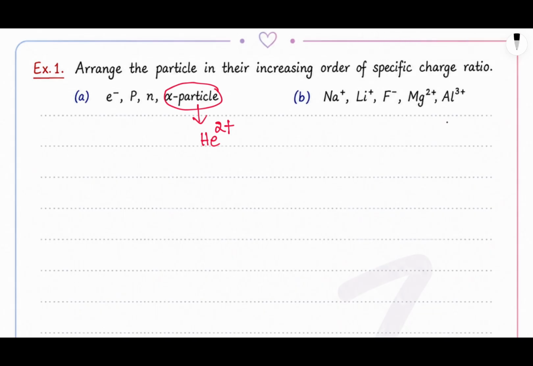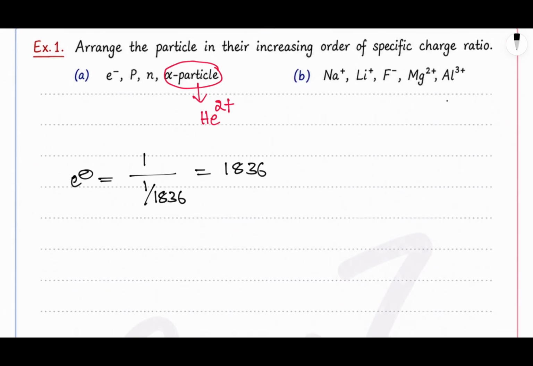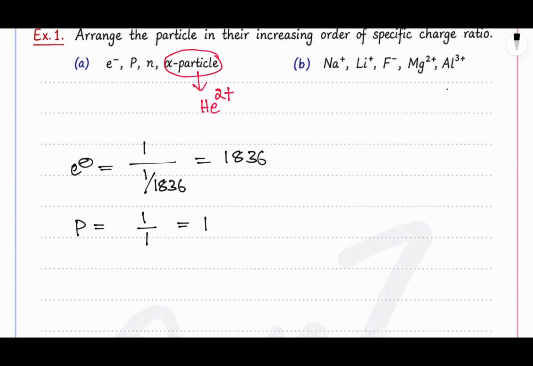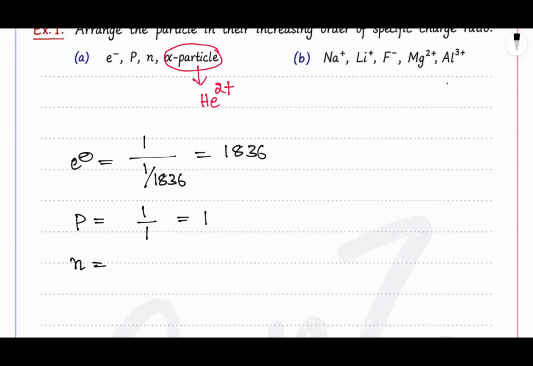I'm taking the electron first. For specific charge, I'm taking the relative charge over relative mass only. For the electron, relative charge is 1 and relative mass is 1 divided by 1836, so this value goes to 1836. For the proton, relative charge is 1 and relative mass is also 1, so the value is 1. For the neutron, there is no charge, so it is 0 by 1, nothing but 0.